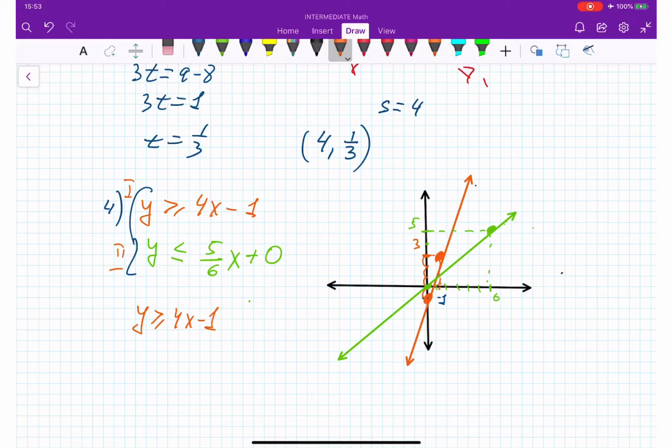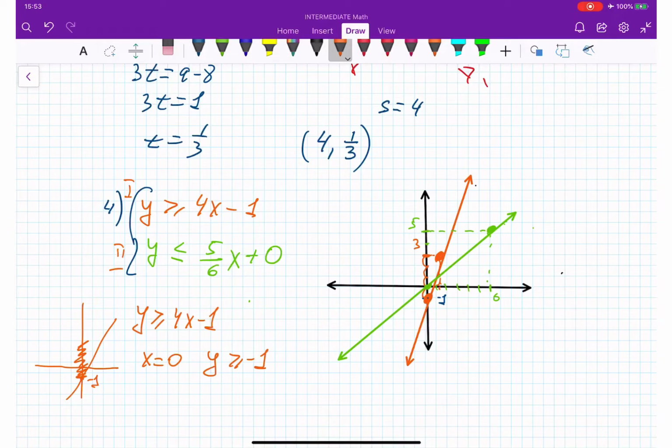So if x is equal 0, I get y is greater or equal negative 1. Yes? Okay, I'm going to show here. So the graph goes like this. This is negative 1. So y is greater or equal negative 1. So come this way. Yes?